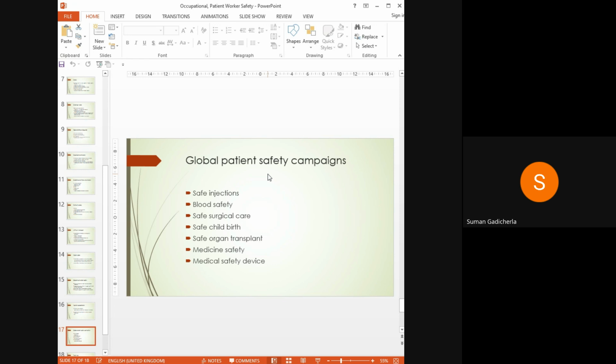I heard something: iron and folic acid. Can this cause any harm to anybody? Usually it won't, but it depends on how you prescribe and what you tell the patient.